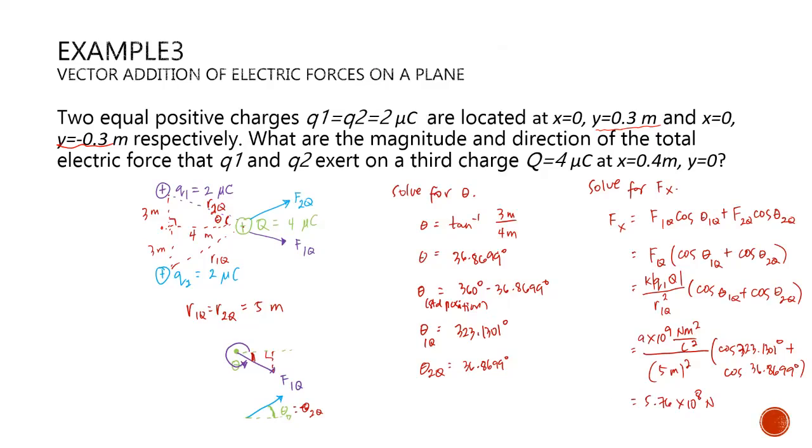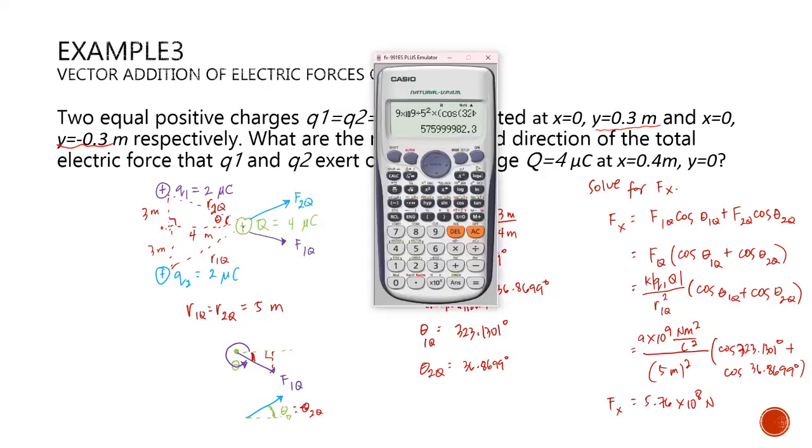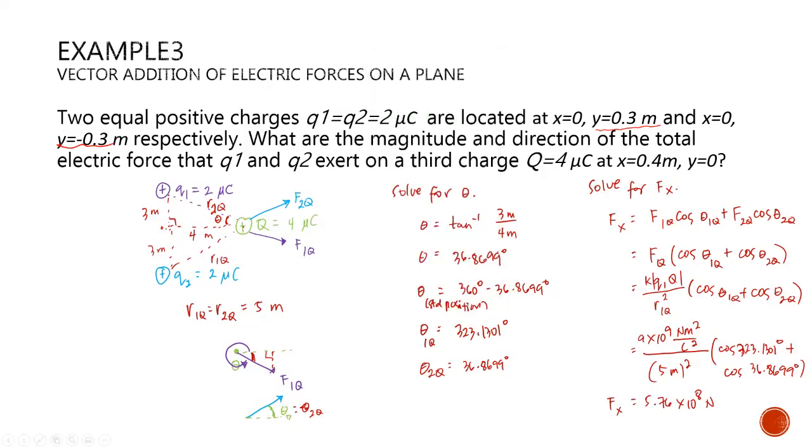But that's for the x component of the total electric force. Let me store that so that we can use the exact value later. So now we solve for the y component. So solve for f sub y.